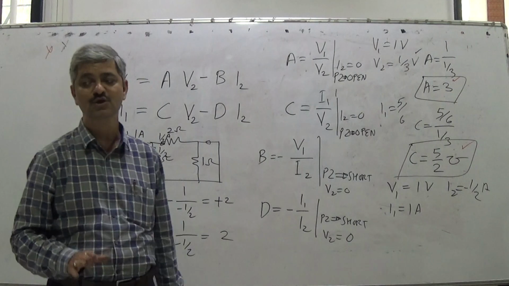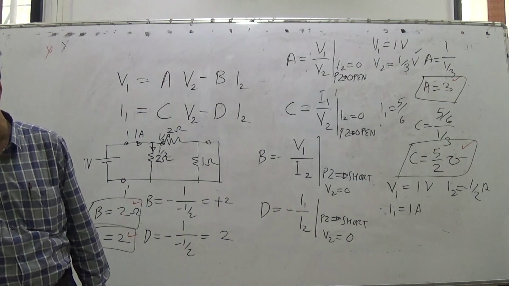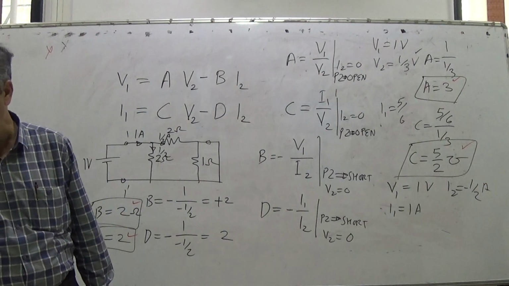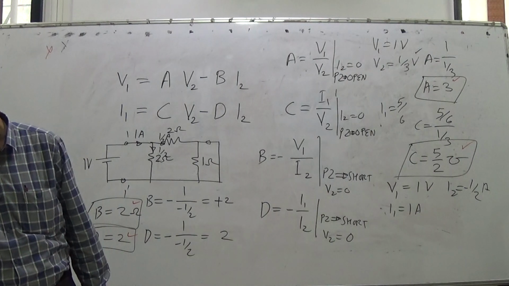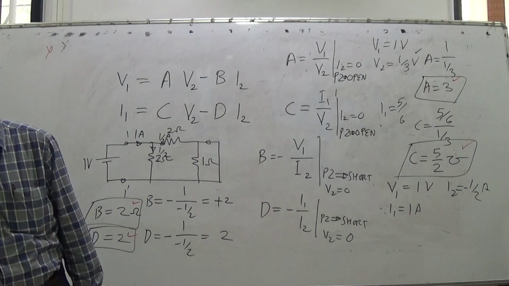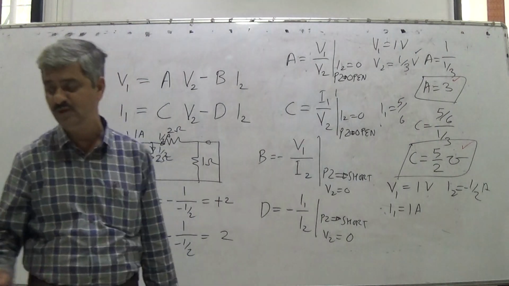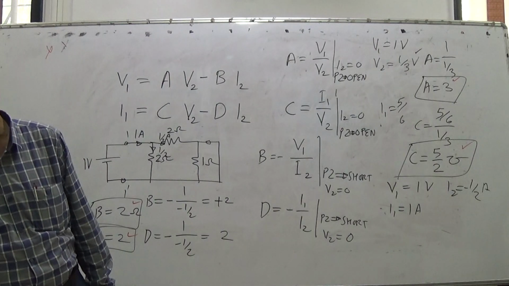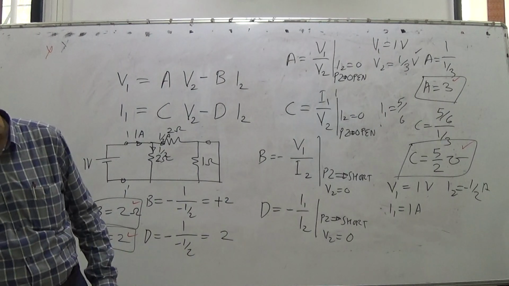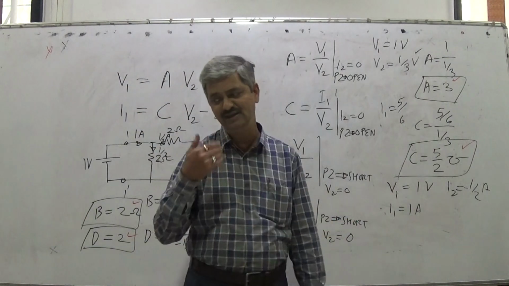What we want is that any 2 are described as a weighted sum of the remaining 2. In this case, we are describing either 2 voltages as linear combinations of currents, or currents as linear combinations of voltages, or in a different way.